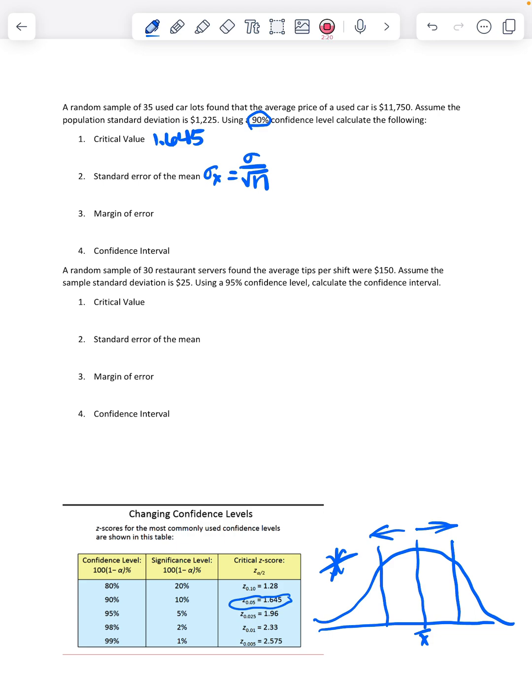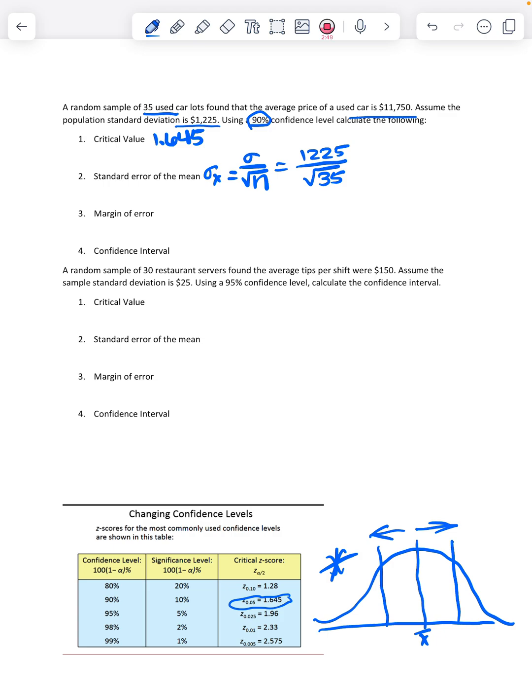We're looking at a random sample of 35 used car lots that found the average price of a used car was $11,750. Assume the population standard deviation is 1,225. So we're going to take 1,225 over the square root of 35.